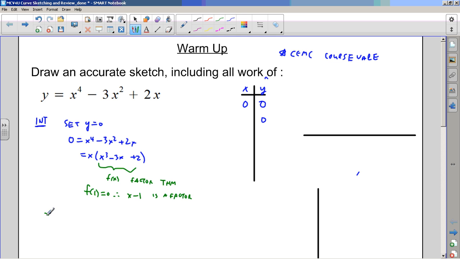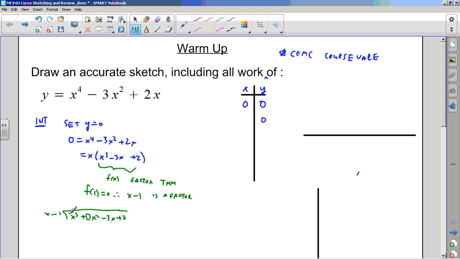I'm going to factor that. I've common factored out the x, so I don't have to worry about that. I'm factoring the thing that's in the brackets. Watch your placeholder there. That'll goof you up if you haven't done any factor theorem for a while.